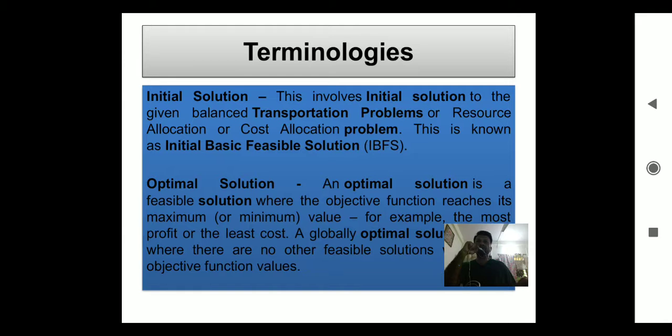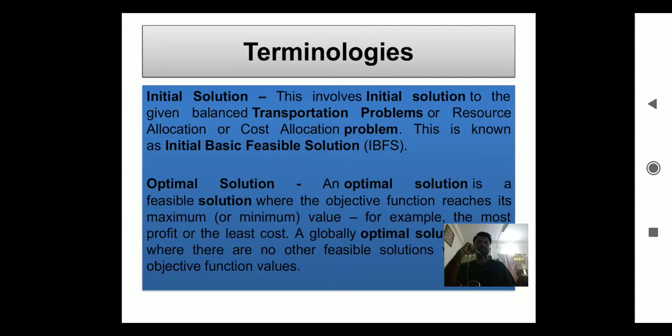Second is the optimal solution. Once we reach the basic solution, we have to apply the MODI method to check whether this initial solution is optimal or not. If it is not optimal, then we have to apply the formula and calculate the optimal solution.